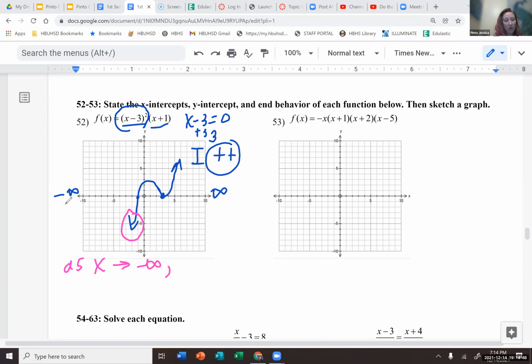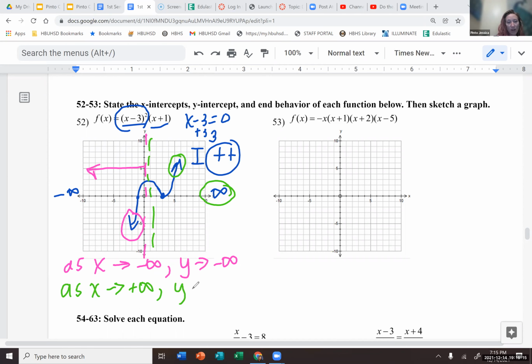So I see that the arrow on this half of the graph is pointing down. So as x goes towards negative infinity, y goes towards negative infinity. On the other side of the graph, as x is going towards positive infinity, what's happening to y? Well, the arrow there is pointing up, so y is going towards infinity.